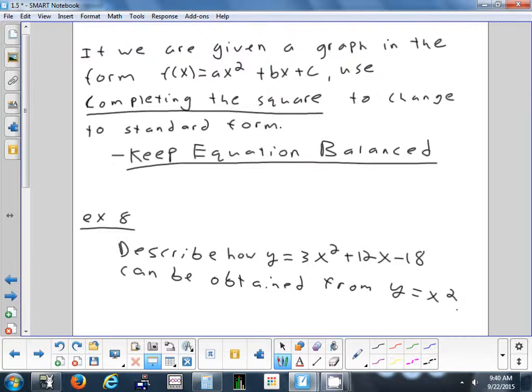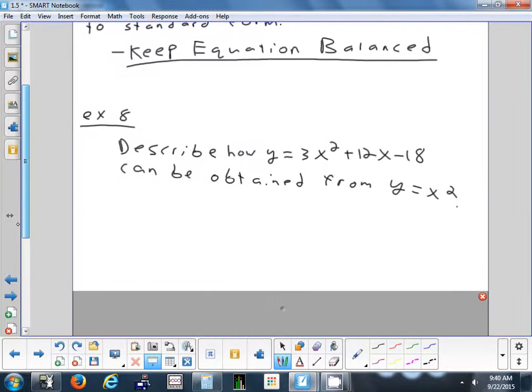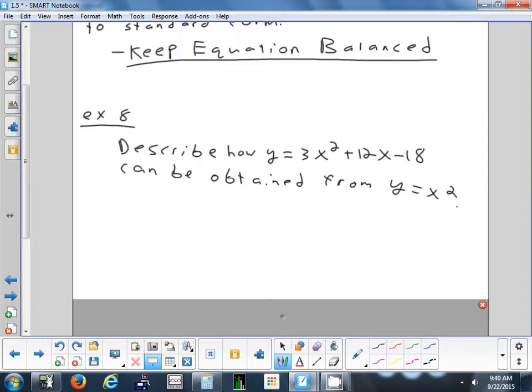As we're completing the square, the most important thing to remember is we've got to keep the equation balanced. If we do anything on the left, we've got to do it on the right. First thing I'm going to do is copy down my equation, and you set it equal to 0.